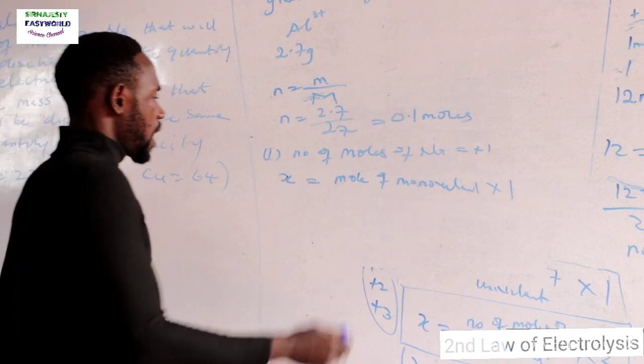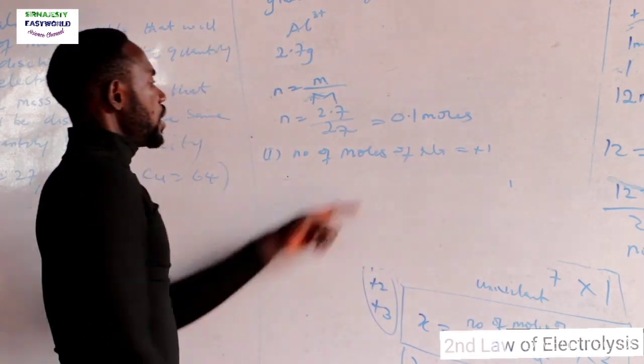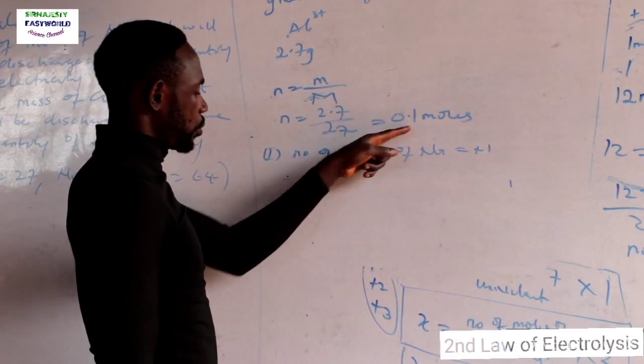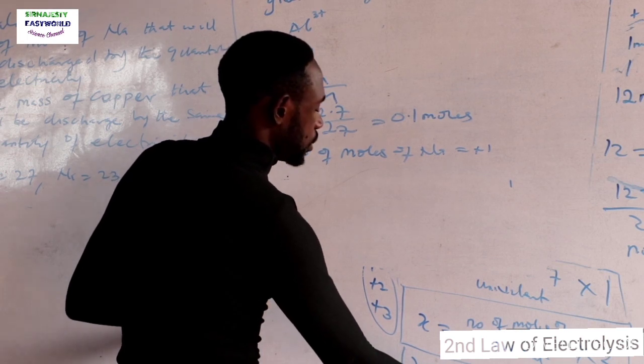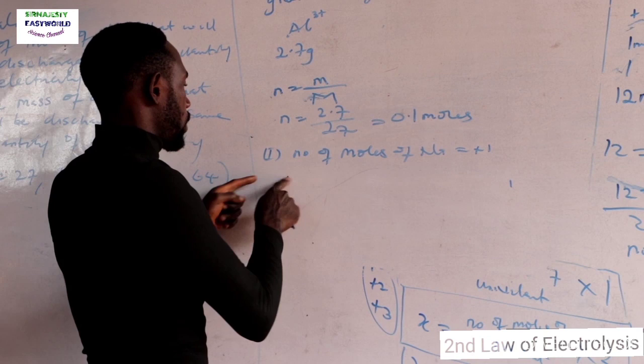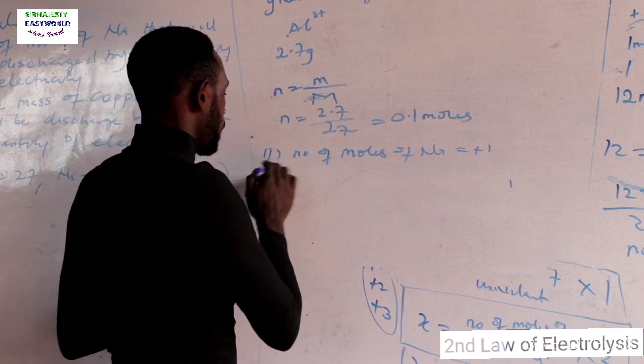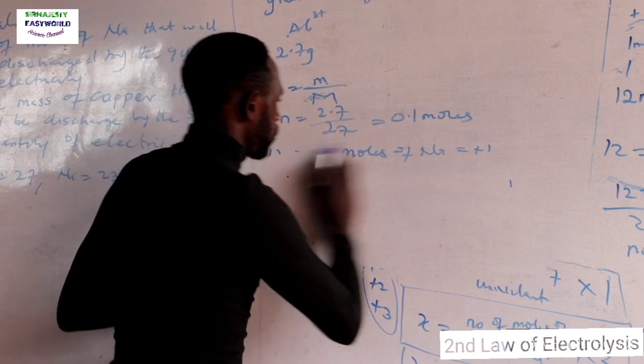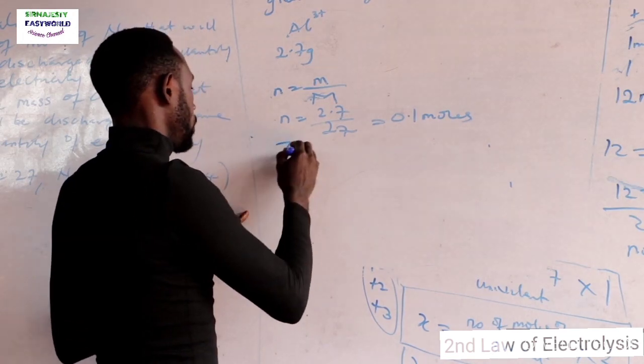Okay. We will start from the given. That's correct. This is aluminium, that's the mole. It means that we will start with that of aluminium before we can get our X factor. So to get our X factor, please let's clean this and get our X factor.